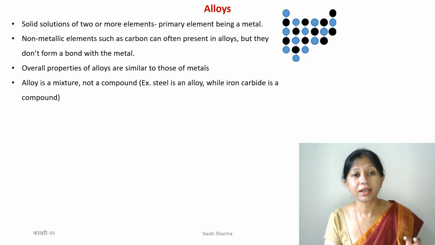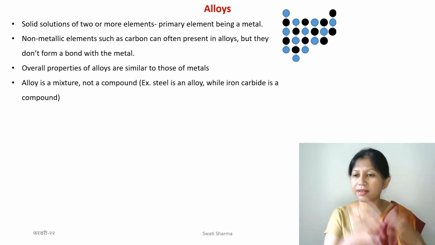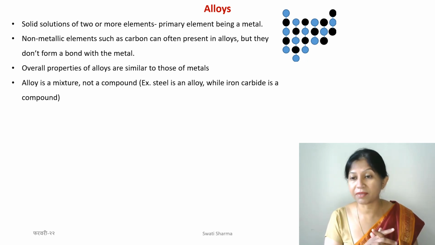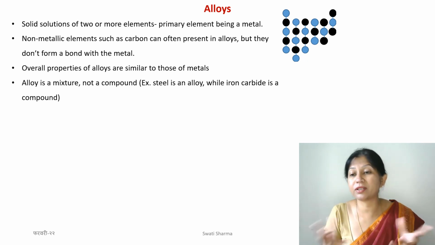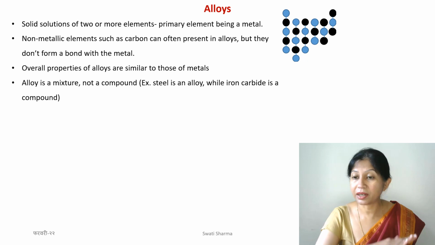Alloys, I am talking about now in the same lecture as metals, because given the base material is still metal, the overall properties of alloys are similar to those of metals, in the sense that they can also be melted. You can also make thin sheets out of them.